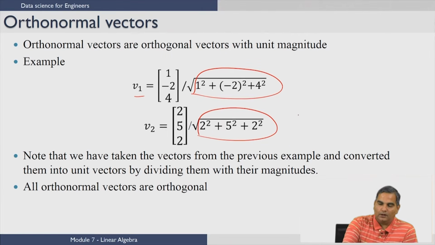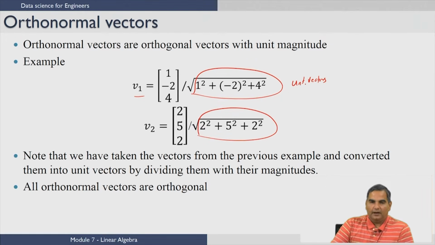Now these two are unit vectors because their magnitudes are 1, and these unit vectors also turn out to be orthogonal to each other. The orthogonal property is not going to be lost because these are scalar constants. So while you take V1 transpose V2 or V2 transpose V1, it will still turn out to be 0.